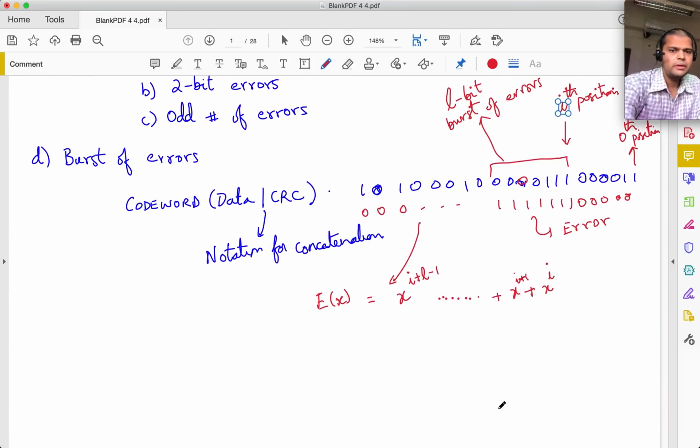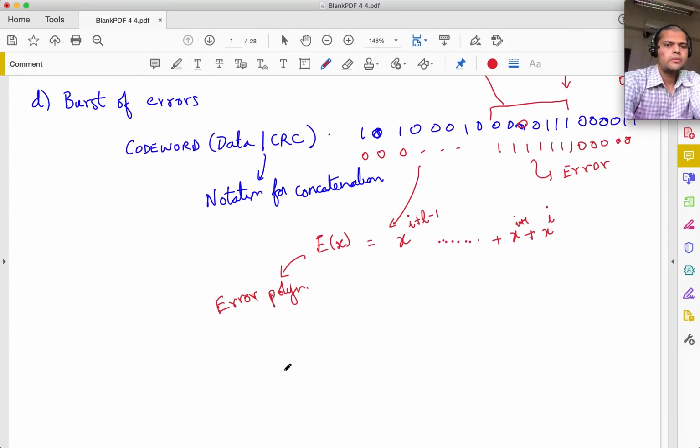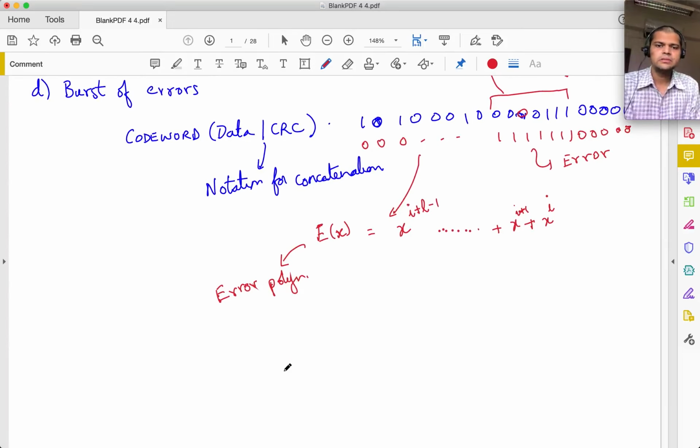Okay, so this is my error vector and the error polynomial, I should say. And the question is whether the CRC divisor is going to be able to detect this sort of an error.